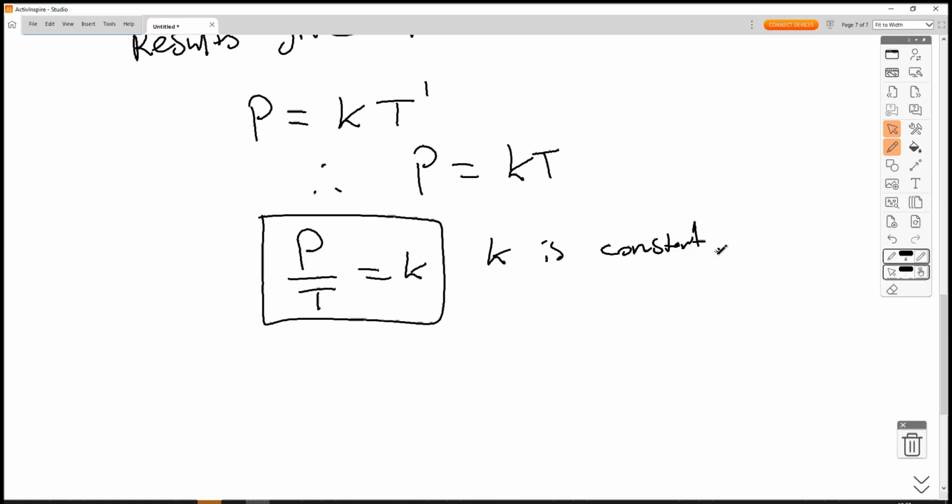So just like before, we can now define the pressure law. So again, the whole system was sealed. No gas was able to come into the system. No gas was able to leave the system. So we had a fixed mass of gas again.